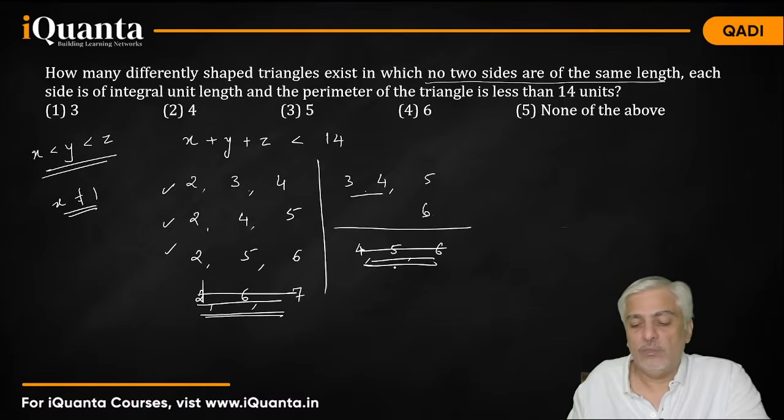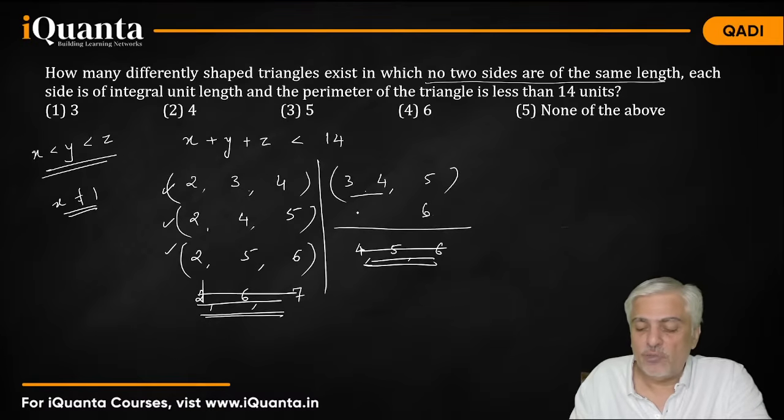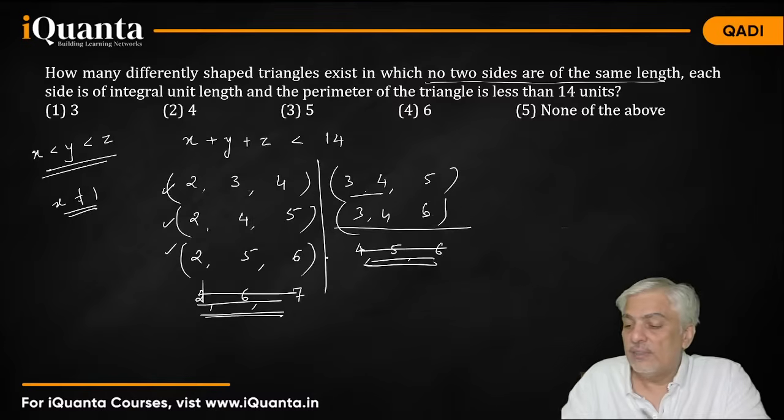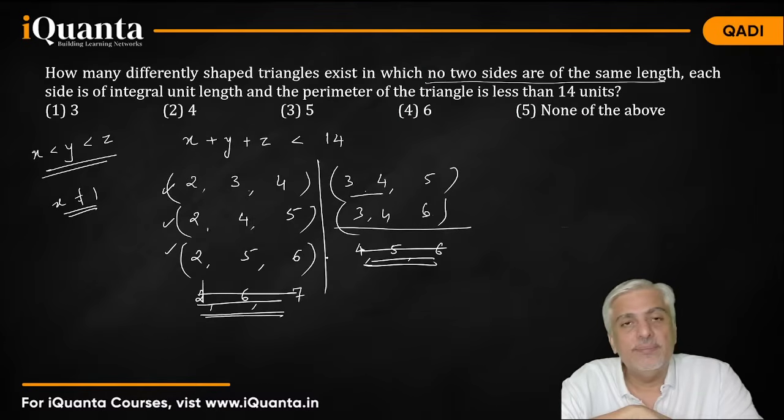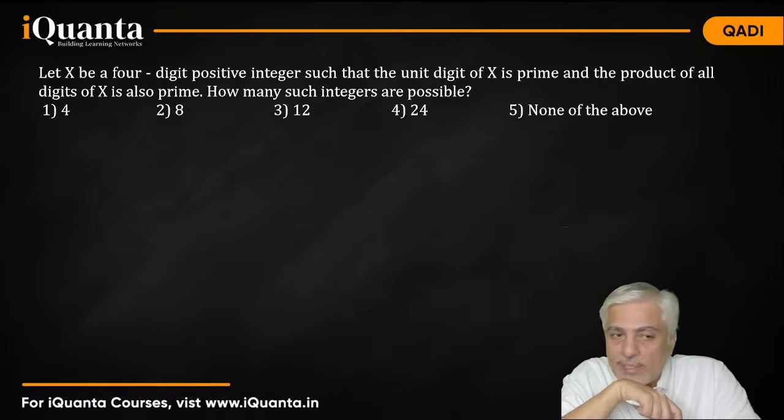So this is out. So there will be only 5 options: 2, 3, 4; 2, 4, 5; 2, 5, 6; 3, 4, 5; 3, 4, 6. Sum of two sides has to be greater than the third. Are we clear, everybody? Cool. Next one.